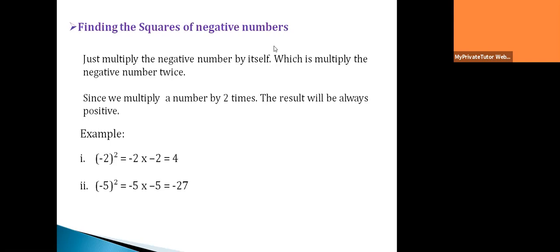Let's go to the next part of the webinar, which is square roots. What do you mean by a square root? It's kind of the opposite of a square number. For example, 4 squared becomes 16. This is the squaring we are doing.